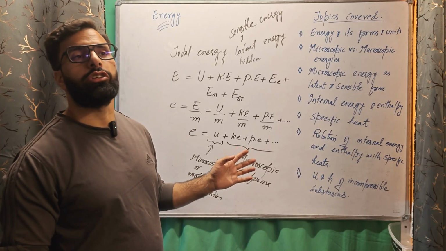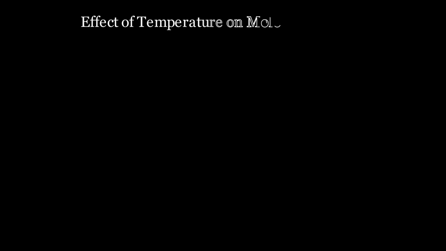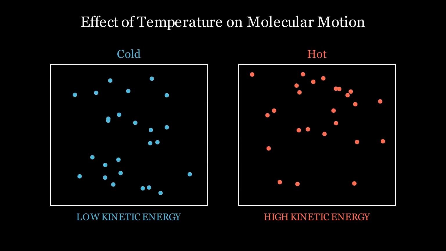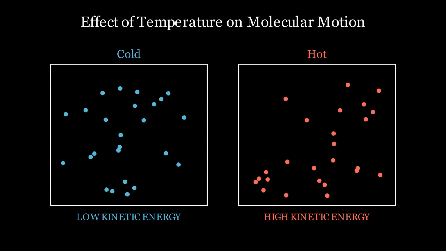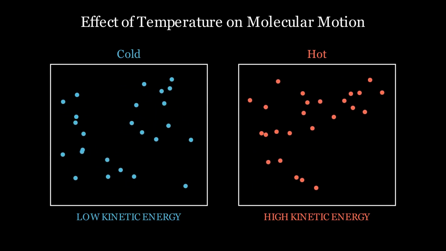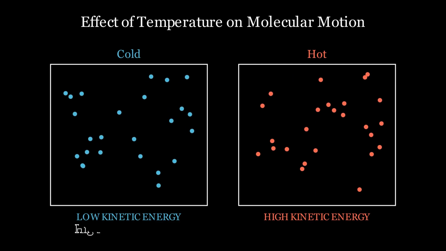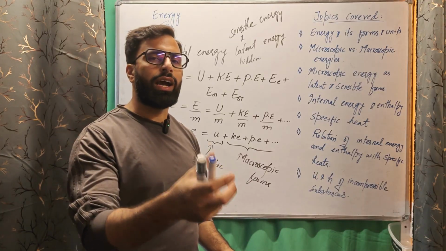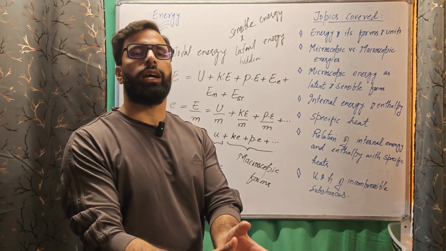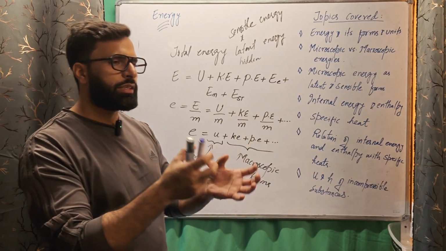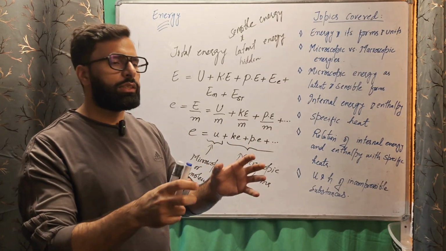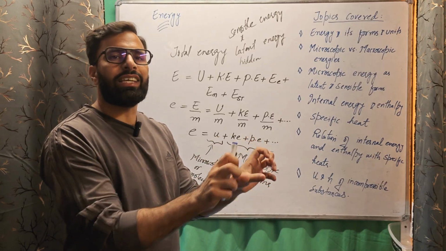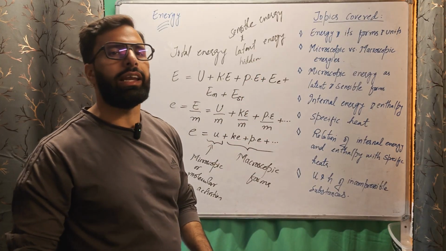If there are two systems, one has molecules moving at low speeds, doing low activity, having low kinetic energy at the molecular level, and another system has molecules that move at higher kinetic energy, the system with higher kinetic energy will be hotter, and the other will be colder. This is what I mean: the molecular activity, the molecular motion of a system, is what we sense as heat, whether sensible or latent.